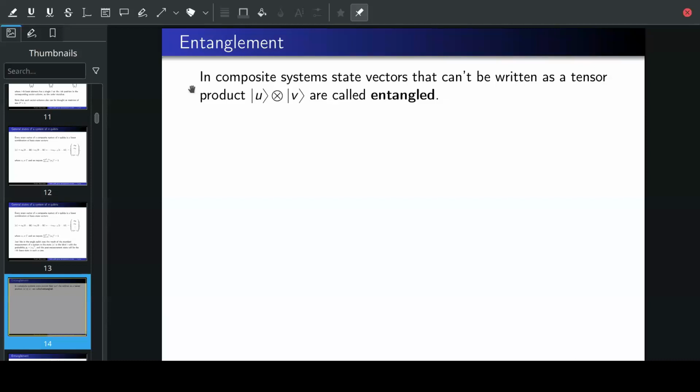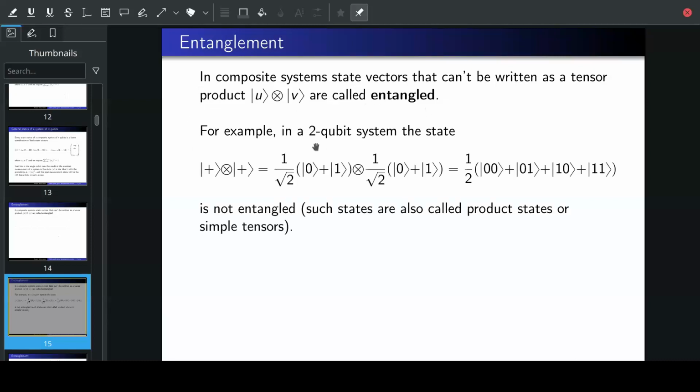Now, if in a composite system, a state vector can't be written as a tensor product of 2 vectors, then it is called entangled. For example, let's take a 2-qubit system and take this state. It's ket plus tensor ket plus. It can be expressed in this way.